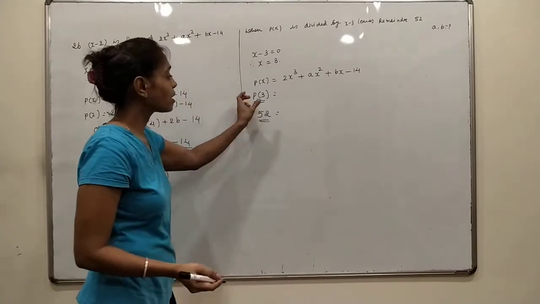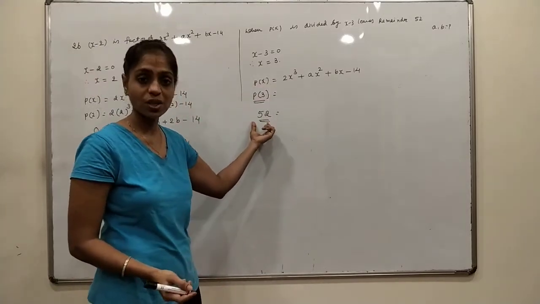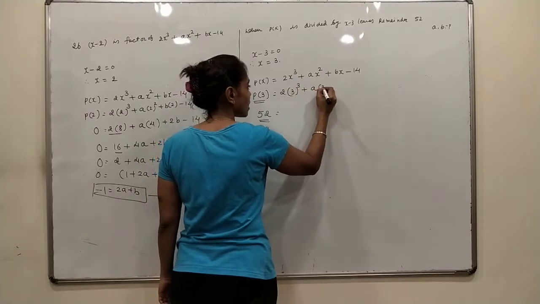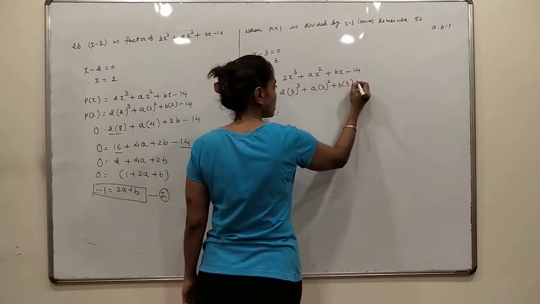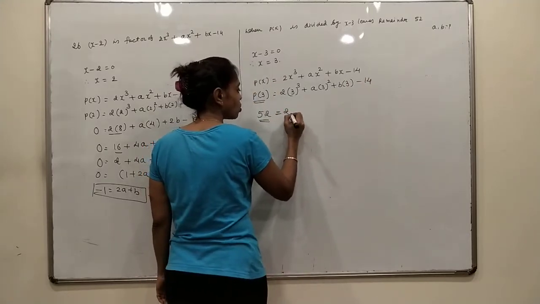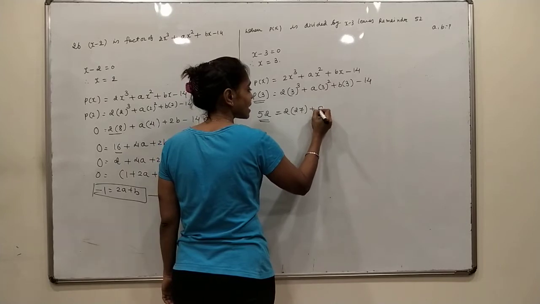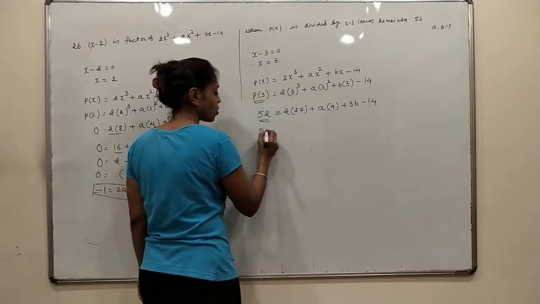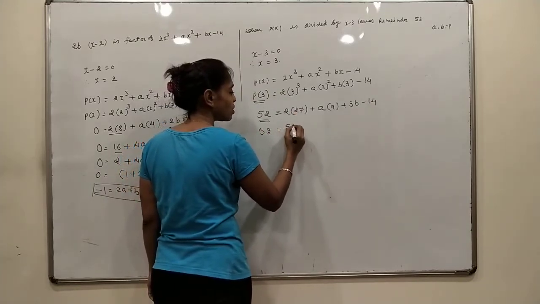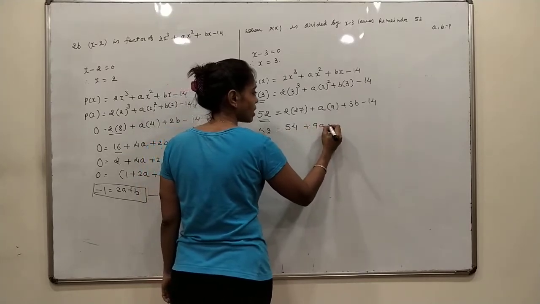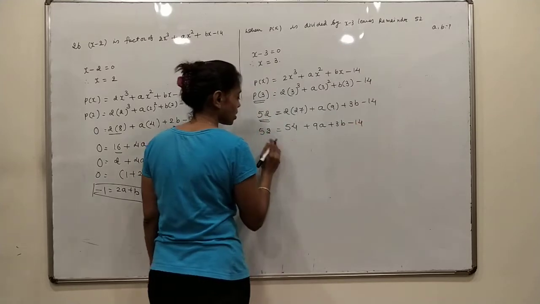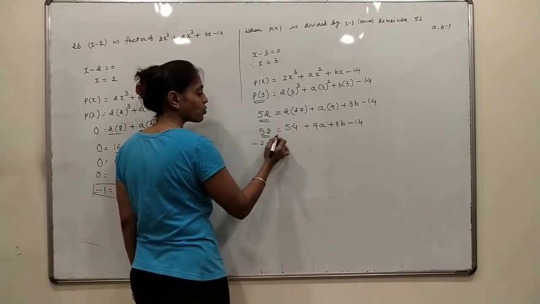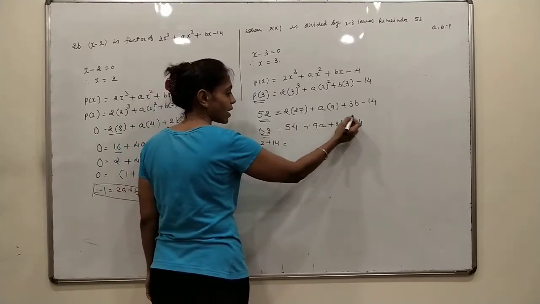This is called the remainder: the value of p of x is the remainder, but the remainder is 52. So 2, 3 cube, a, 3 square, b, 3, minus 14. 2 3s are 6, 3s are 18, 27 2s are 54, a 3 3s are 9, 3b minus 14. 52 equal to 54 plus 9a plus 3b minus 14. 52 minus 54, that is -2, plus 14.